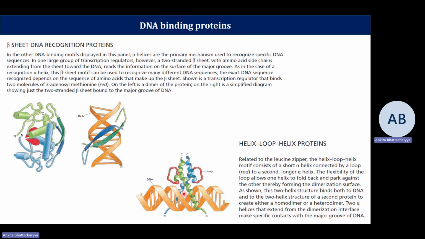On the left is a protein dimer. On the right is a simplified diagram showing just the two-stranded beta sheet bound to the major groove of the DNA. And then we talked about helix loop helix proteins.